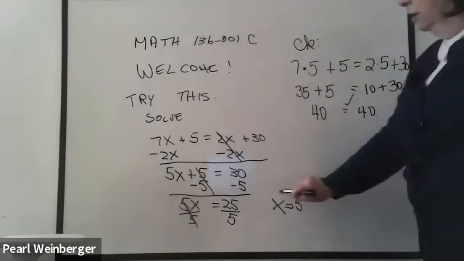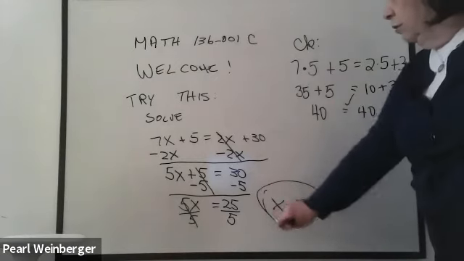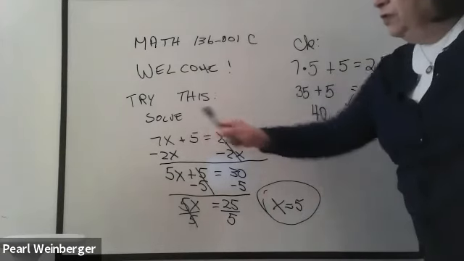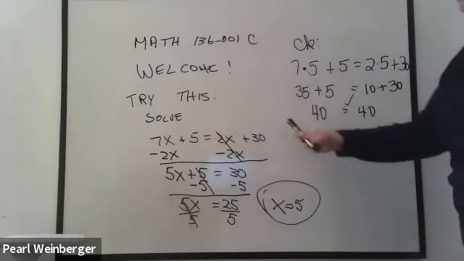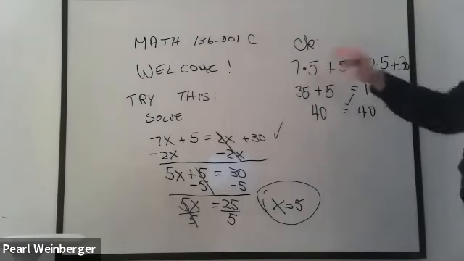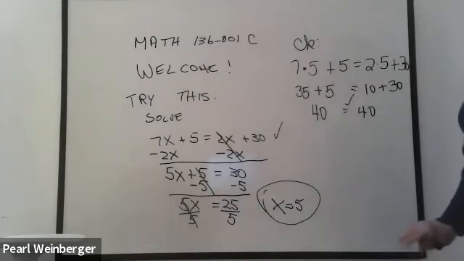By solving the equation, it's telling us what value we should put for the variable in order to make this a true statement. And the check proves that it is indeed a true statement.